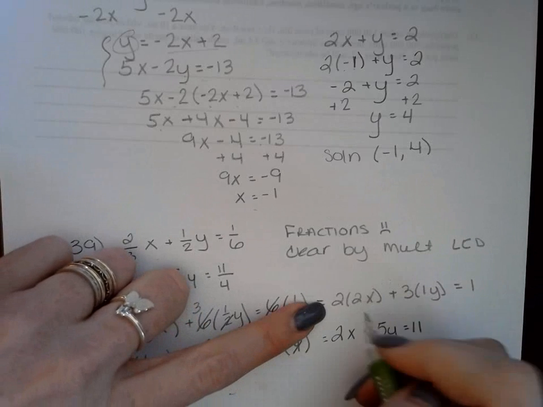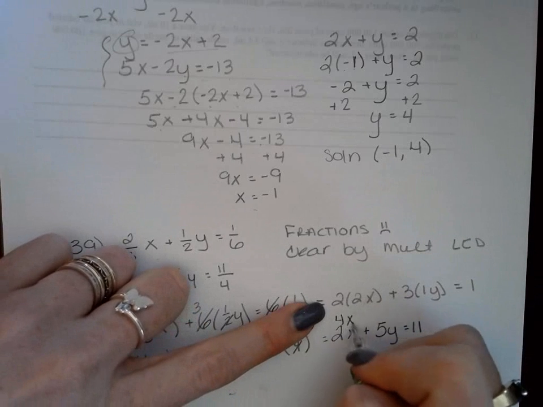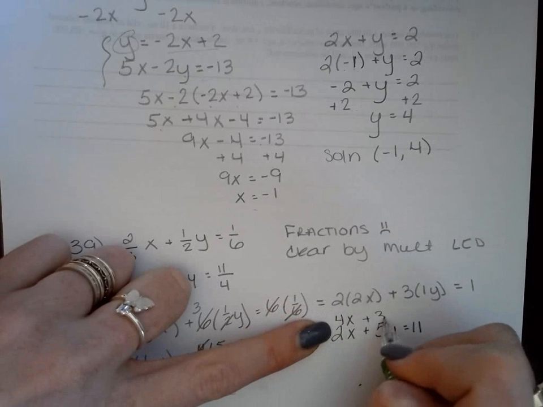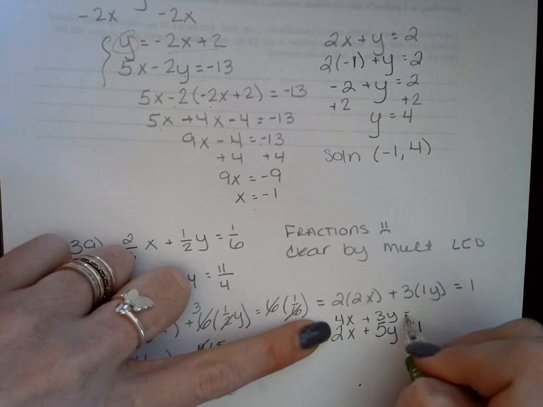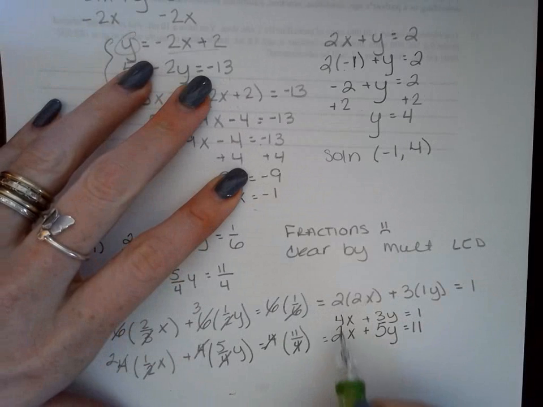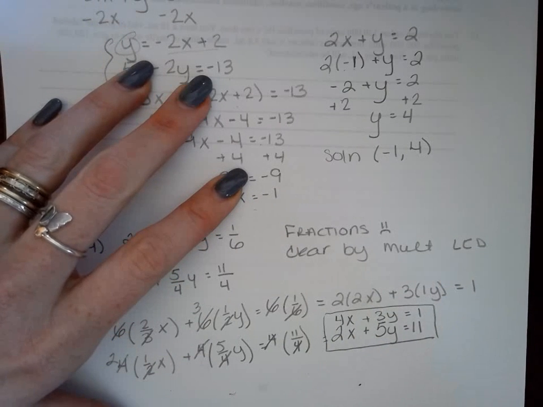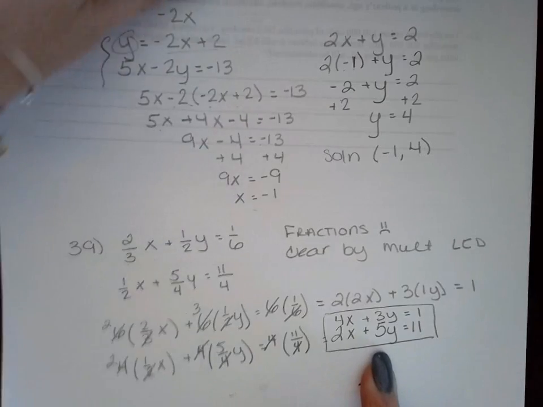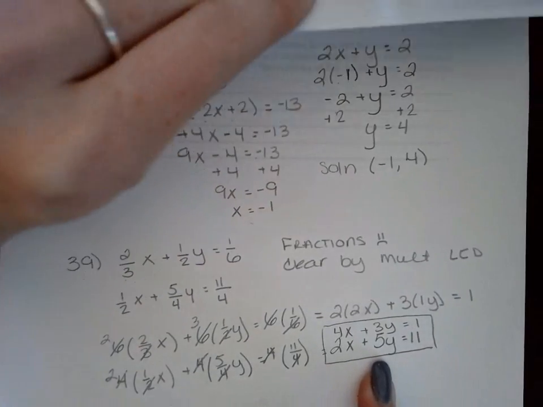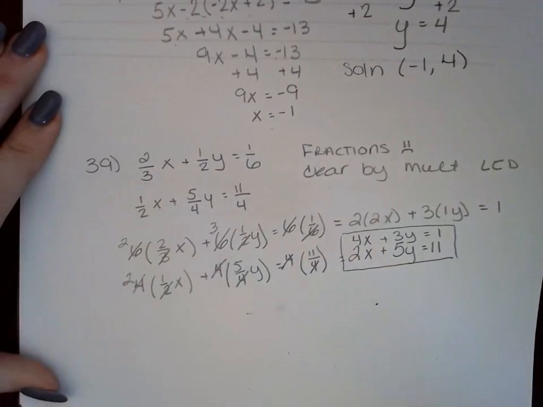We can simplify this first equation. 4x plus 3y is equal to 1. All right, so now we've done a lot of work already, but these equations are much more usable and user-friendly than the fractions.